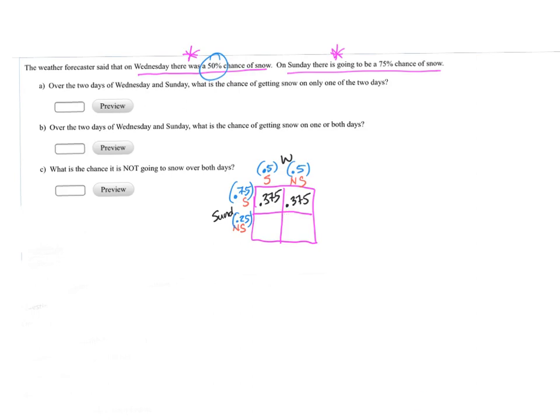Then to fill in the other lower part of this box, you're going to multiply no snow Sunday and snow on Wednesday. That will turn out to be 0.125. And then the same thing goes for no snow on Wednesday and no snow Sunday, basically no snow on both days. That's 0.125 also, which represents 12.5%.